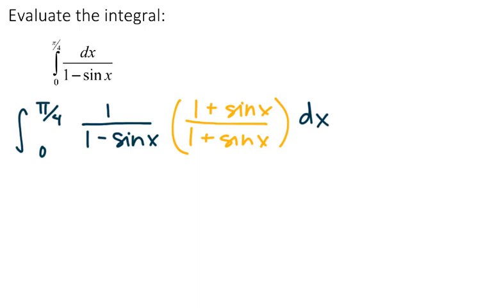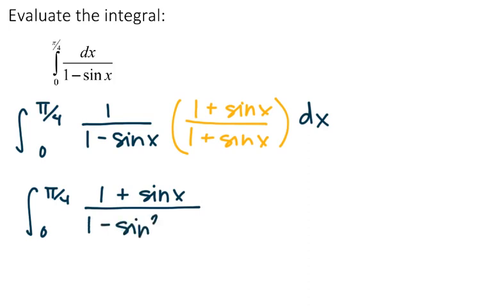Looking at this, if I think about simplifying that, I've got 0 to pi over 4, 1 plus sine x in the numerator, and in my denominator, when I multiply that, that's a difference of squares. I've got 1 minus sine squared x. At this point, we want to recognize that we see an identity in here.